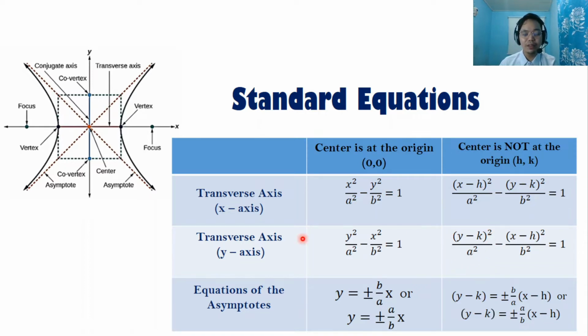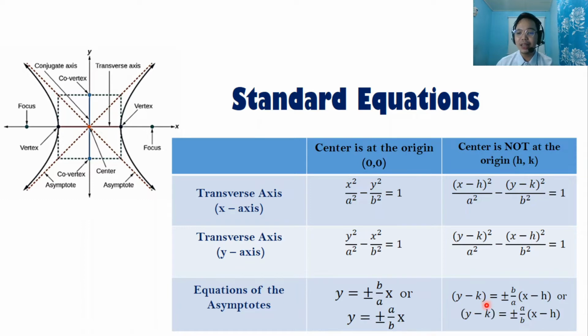So we have here the equations of our asymptotes. If the center is at the origin, ito yung posible nating gamitin. So we have two. Mamaya ay ibibigay natin kung paano ba ginagamit ang equations of asymptotes at alin ba dito sa dalawa ang gagamitin natin. Okay? So we have y equals plus or minus b over a x, or y equals plus or minus a over b x.